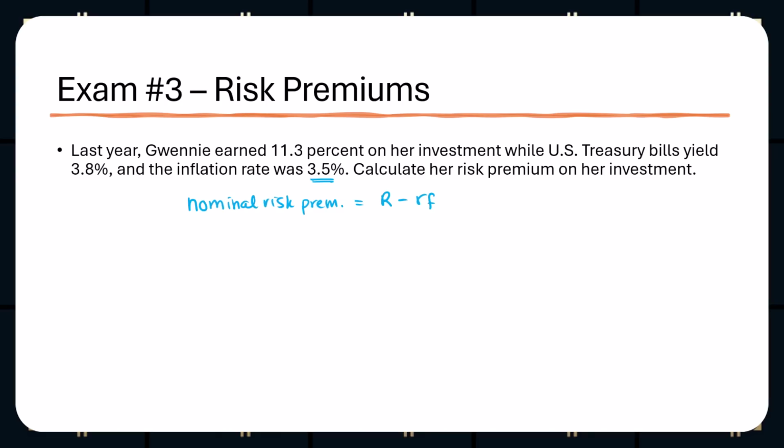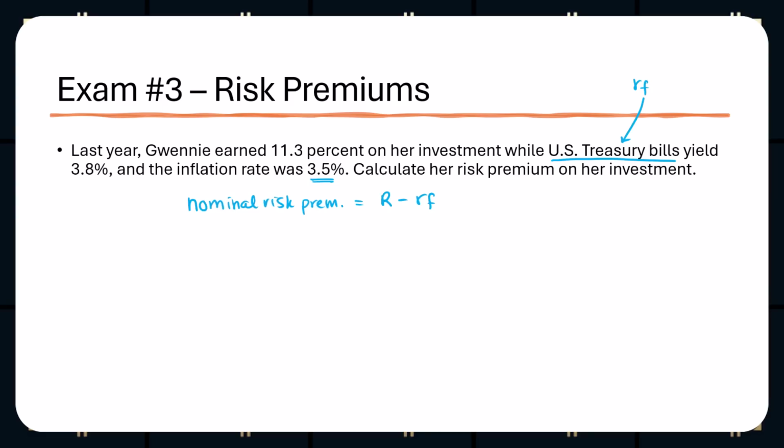The key in these problems is to remember that in finance, we assume that our U.S. Treasury bill is our risk-free rate. Whatever this value is, that is our risk-free rate.